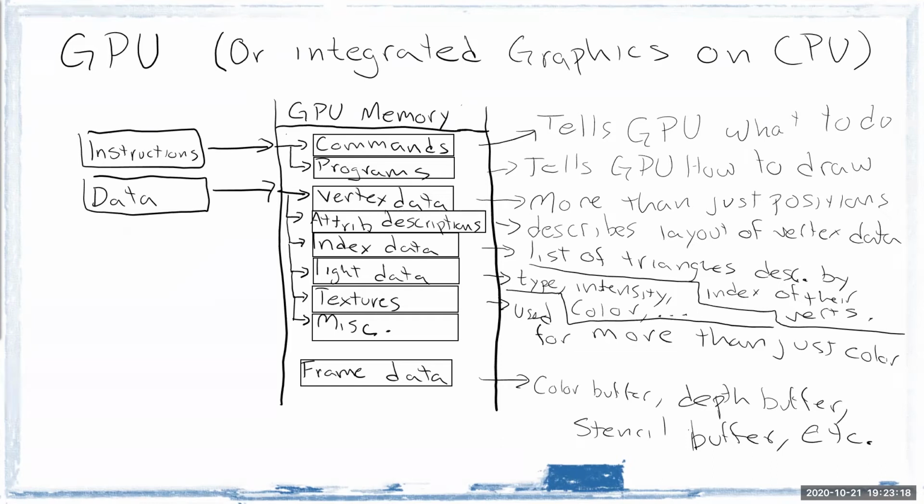So normal values are used for lighting usually, and they can be used for other things, but the surface normal of a triangle is just a vector that points in the direction away from the face of the triangle.